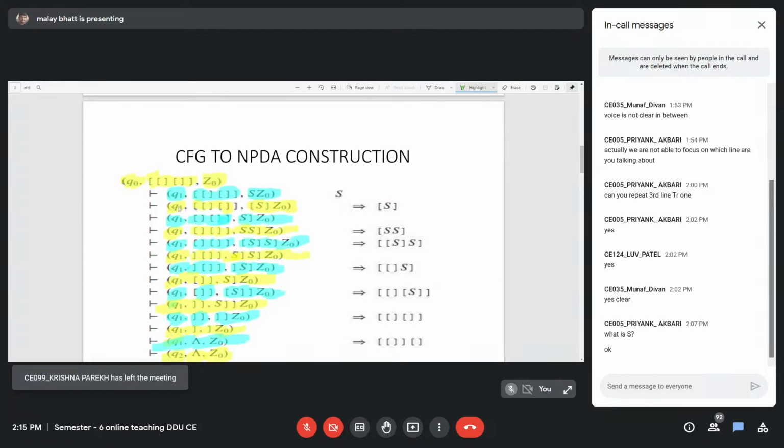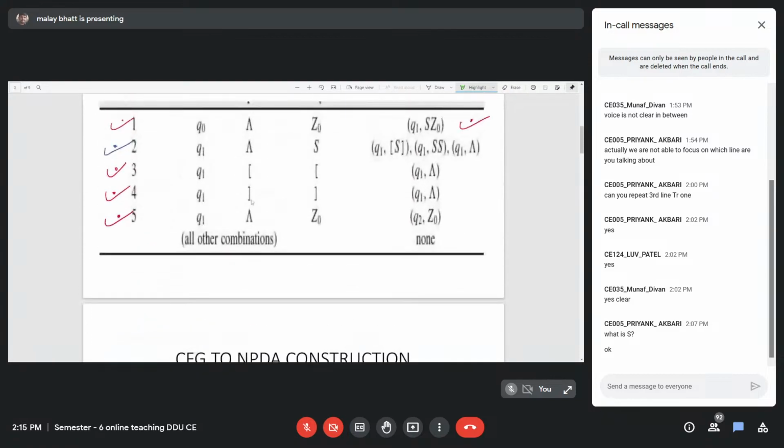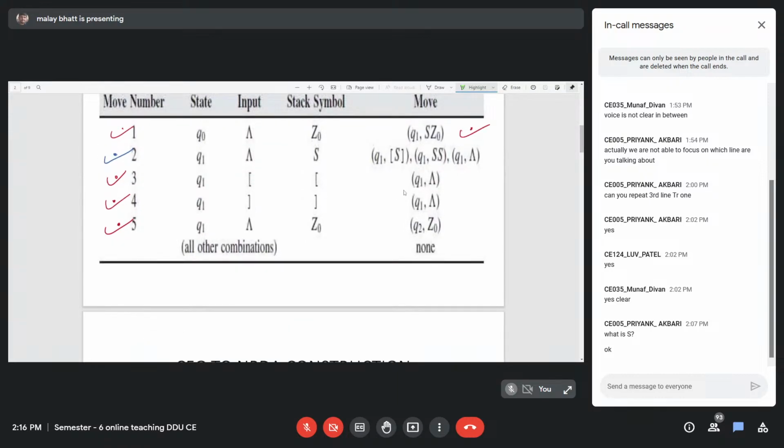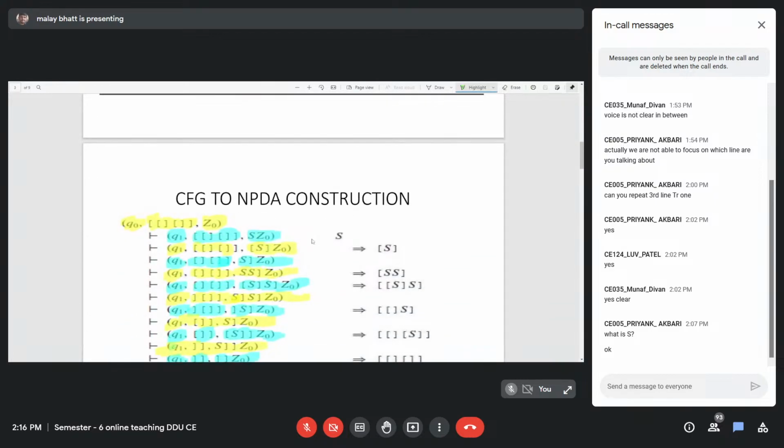Now, because S is a non-terminal, we'll apply only rule number 2. Q1, null, S: again we'll consume null. Now it is a non-deterministic PDA because we have three different alternatives. But here, to save space, I am showing directly the correct rule.